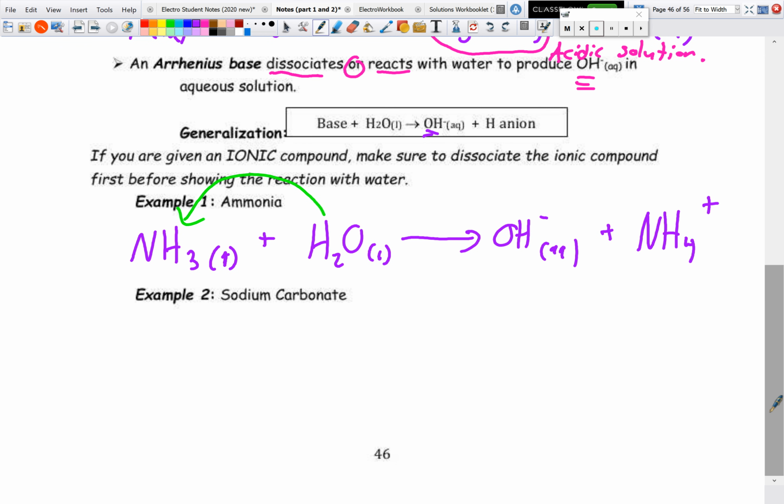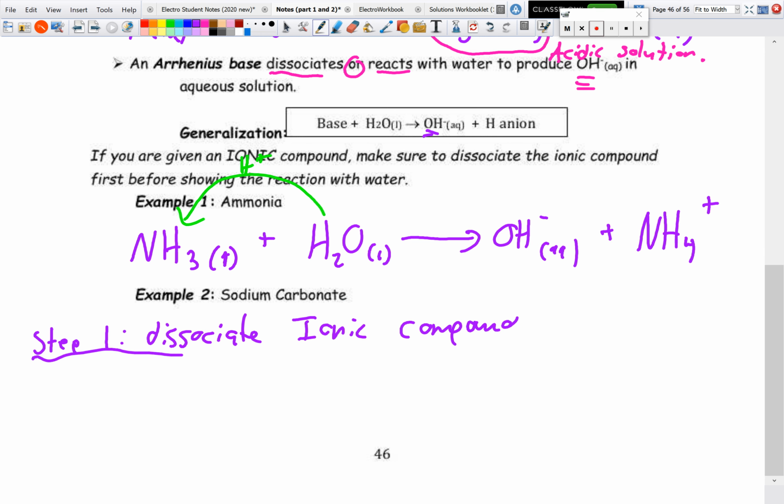Now, if we are given the same thing, in this case it's an ionic compound, sodium carbonate, step 1. Dissociate the ionic compound. And if we don't see hydroxide, then it's going to react with water. So in this case, sodium carbonate is Na2CO3.